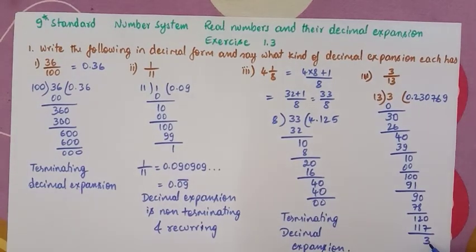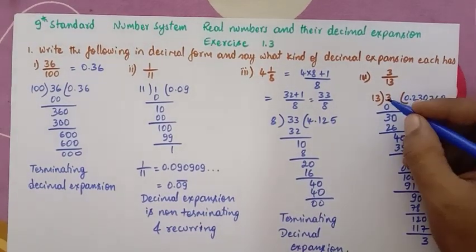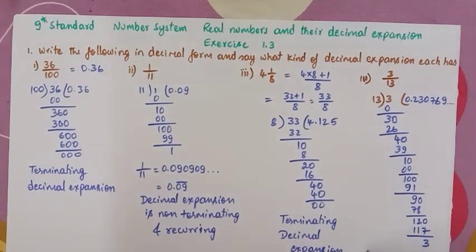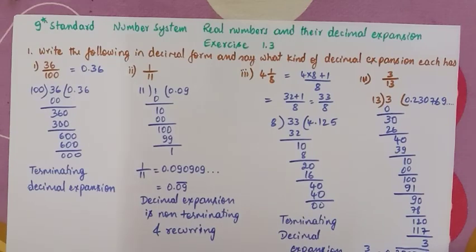Here 3 came. That is more important. Here also there is 3. That means here there will be repetition. Let me write 3 by 13 is equal to 0.230769. Likewise there will be repetition. That means this is the repeating part.